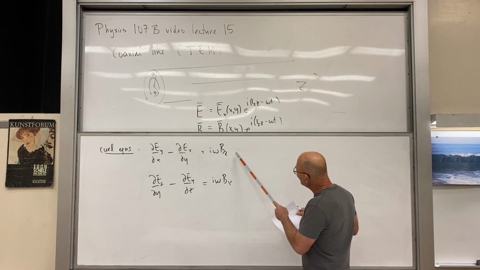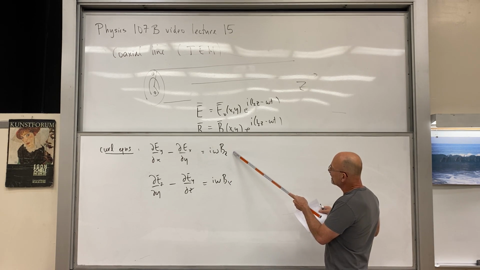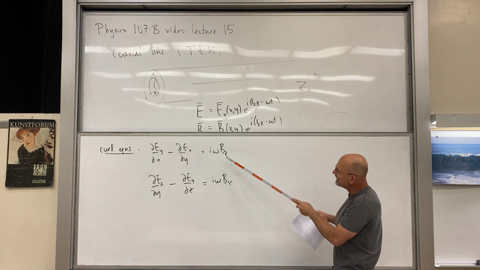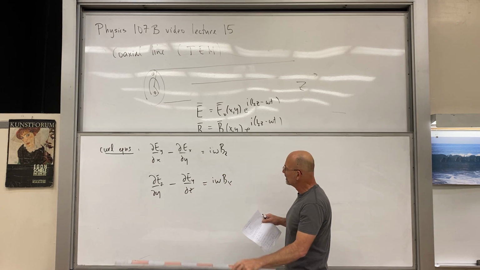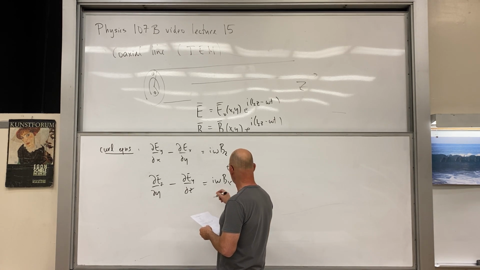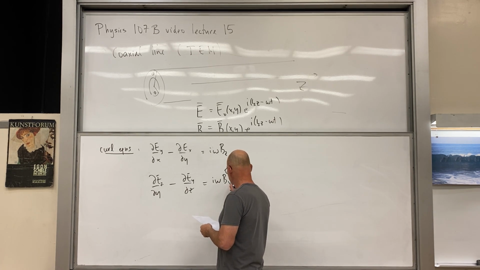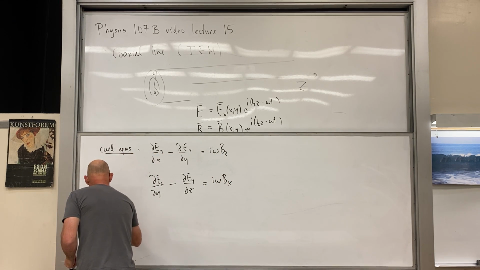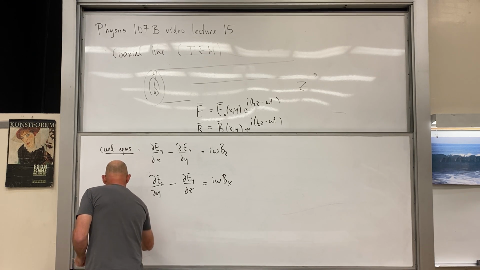We're talking about the transverse modes, right? The z components of B and E vanish. So Ez is equal to 0.